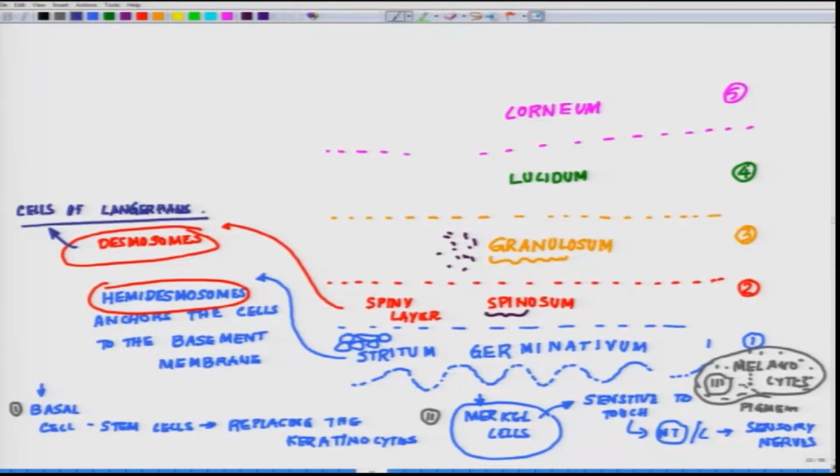These Langerhans cells are the ones which elicit immune reaction against microbes and prevent the skin from superficial skin cancer. These Langerhans cells are very interesting. We will also talk about islets of Langerhans in the pancreas.